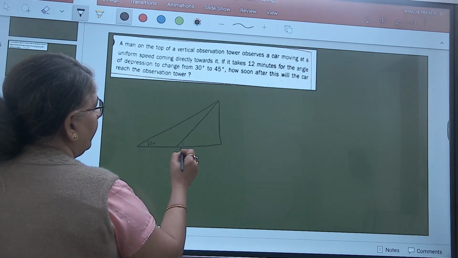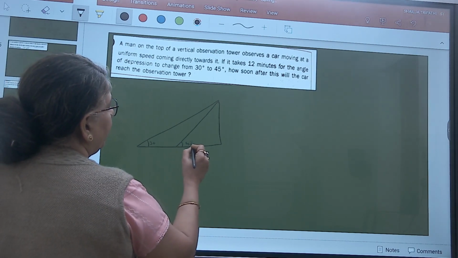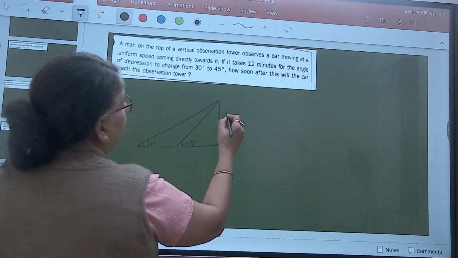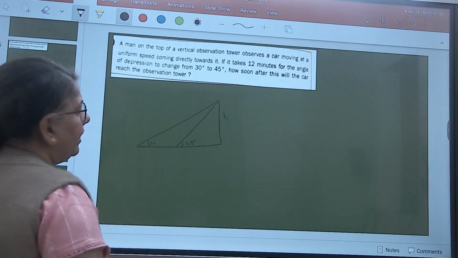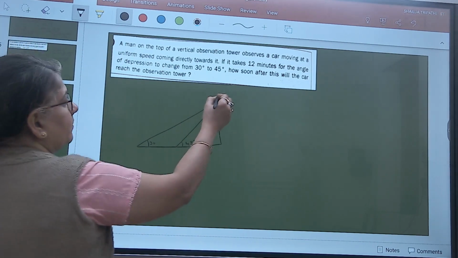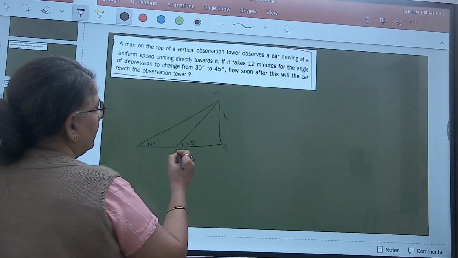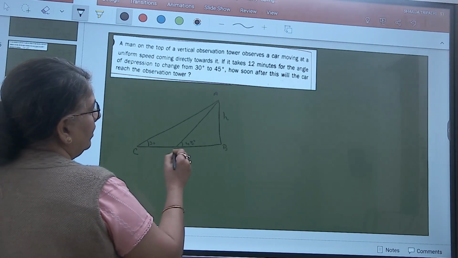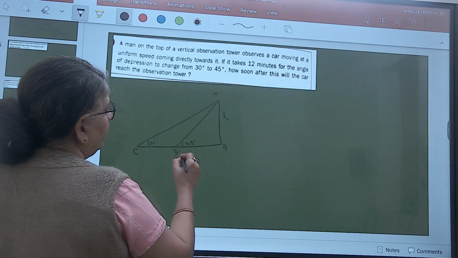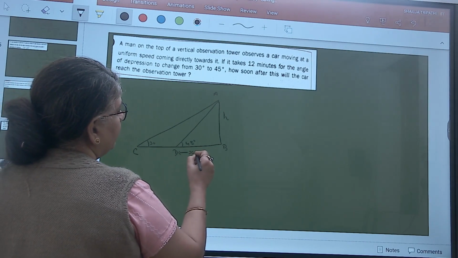Now the angle of depression changes to 45 degrees. Let the height of the tower be h. So we label it A, B, C and D. Let this distance be x meters.